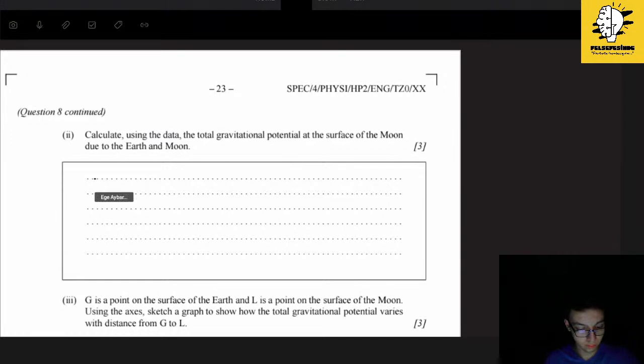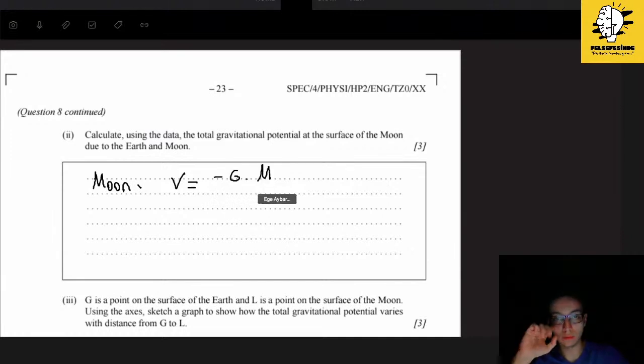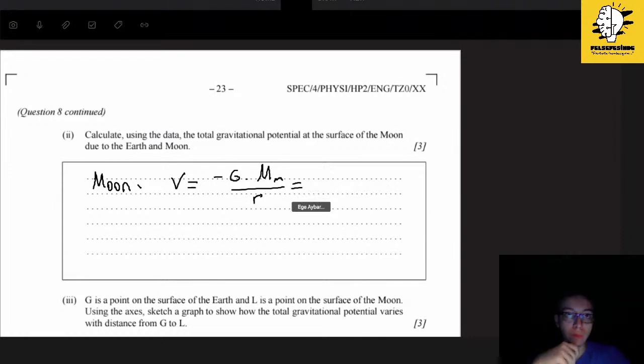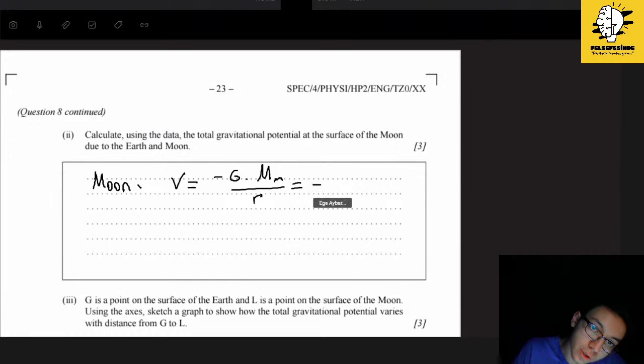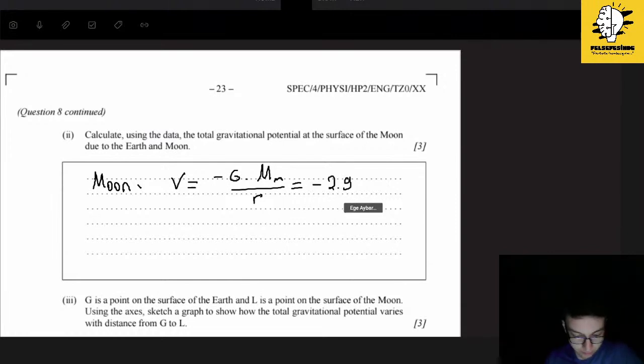Let's say for the Moon, V is equal to minus G, the gravitational constant, times the mass of the Moon over R. When we do this calculation, you will have minus 2.9 megajoule per kilogram. By the way, do not forget the units, please.